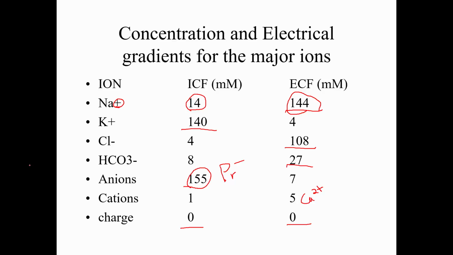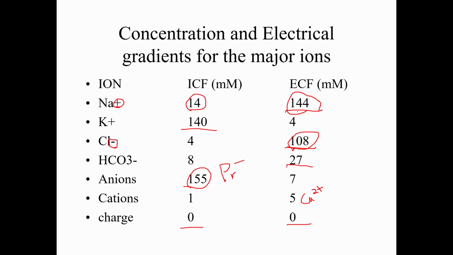Let's do another one. If most of my chloride is outside the cell, then my concentration gradient for chloride is out to in. However, if the inside of my cell is relatively negative and my chloride has a negative charge, then my electrical gradient is in to out.